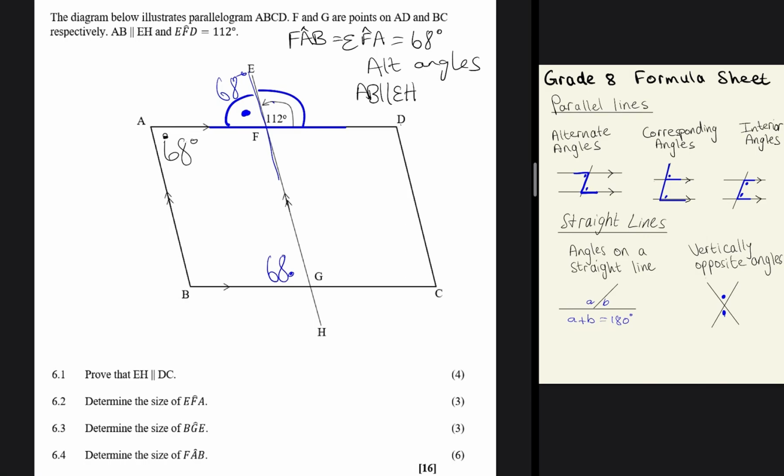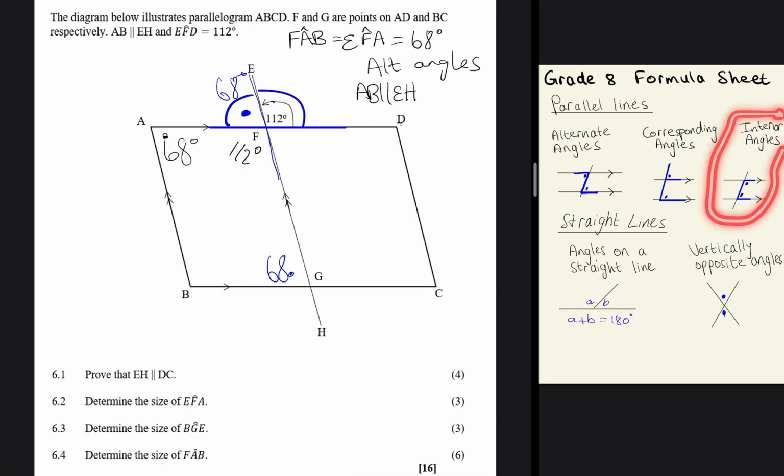Let me just show you one last thing. If you look at your formula sheet here, we have vertical angles. We didn't do the vertical angles here, but here's two lines, and this angle here, EFD, is vertically opposite to angle AFH, this angle. Therefore, because they are vertically opposite, this is also 112 degrees. But let me just show you another thing. If you look at your formula sheet, you have interior angles.